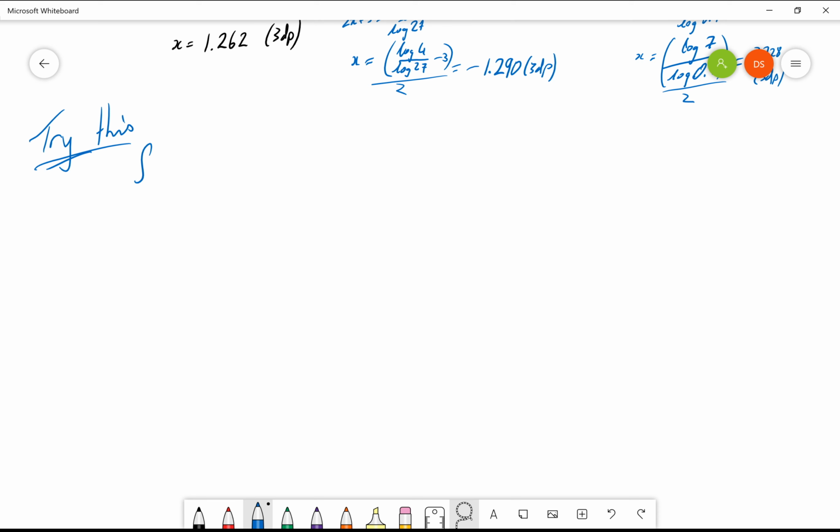Okay, and we're going to solve for x, and it's going to be an awkward number. This time I'm going to give you 4.2 times 2.7 to the power of x equals 2000.